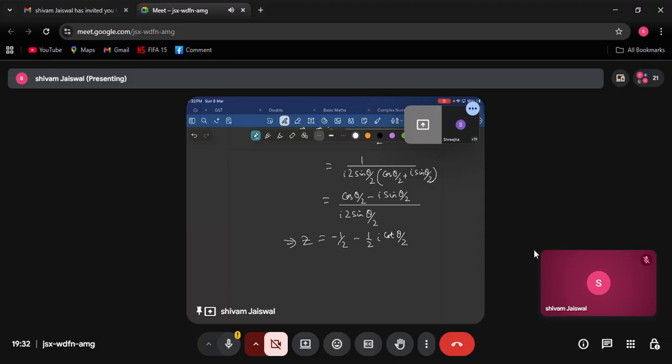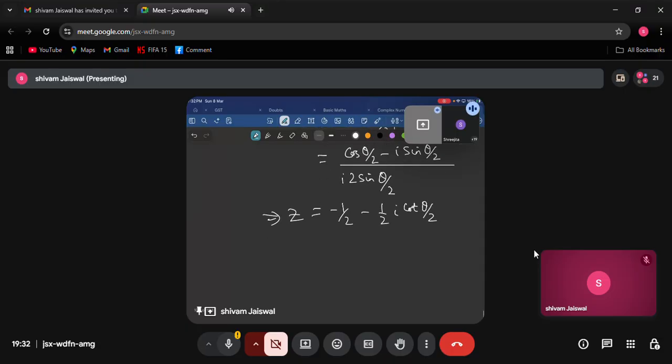Next, can you see that the real part of z is independent of theta? x is always minus half. Whatever value of theta you take, x is always minus half.